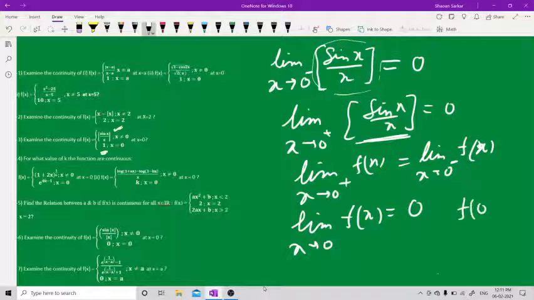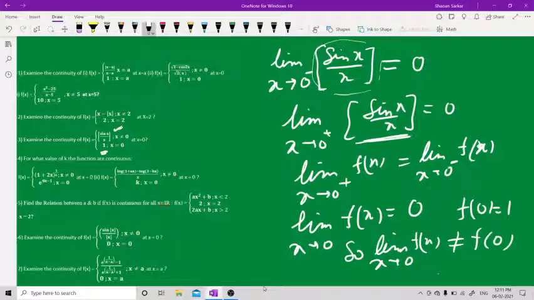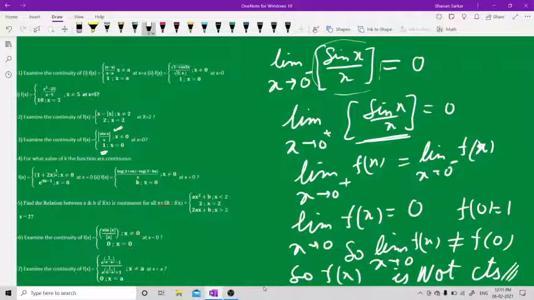But f of 0 is given here as 1. So limit x tending to 0 f(x) is not equal to f of 0. So f(x) is not continuous. You will write the full word continuous. I hope you have understood this one also.